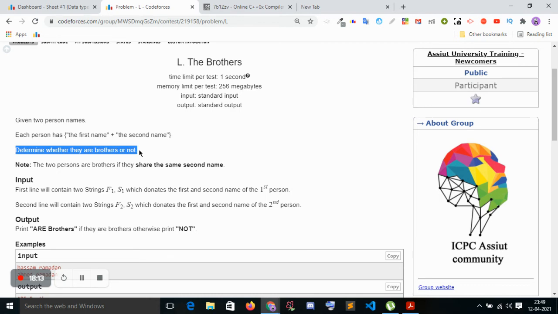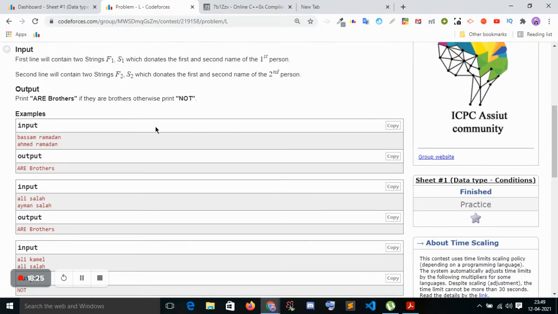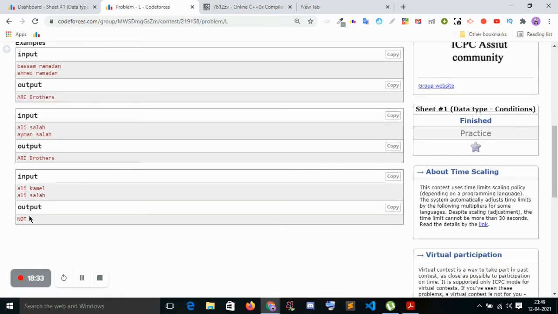Determine whether they are brothers or not. The last name is the surname. So if the surname is equal, then definitely they are brothers. The two persons are brothers if they share a second name. Print "are brothers" if they are brothers. Otherwise, print "not".